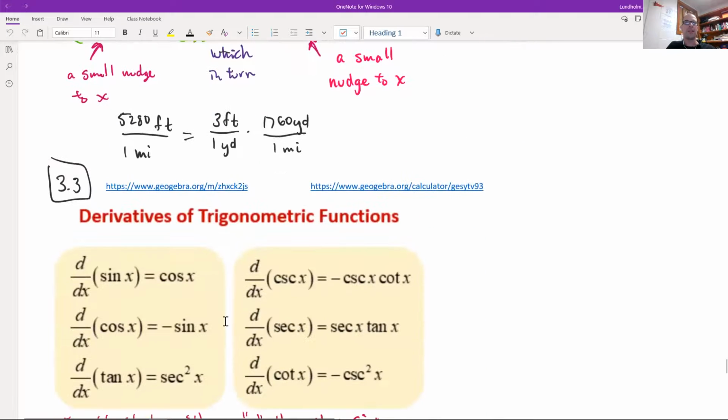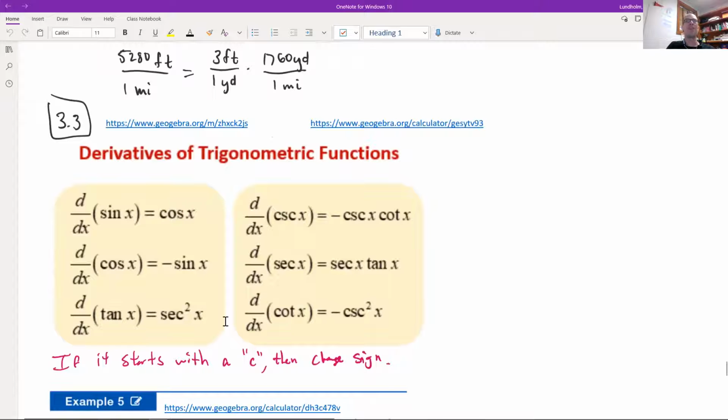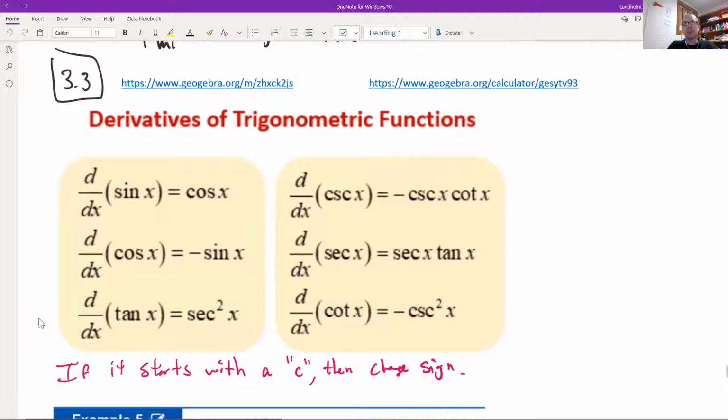Cool. All right. Section 3.3 is labeled derivatives of trigonometric functions. And I copied down the formulas. These are the six that, as of now, you would want to memorize. And these are ones that are good to have in your back pocket.